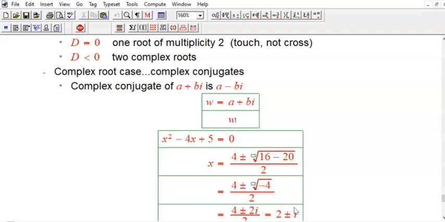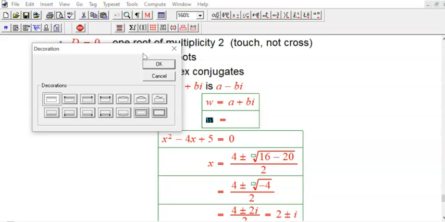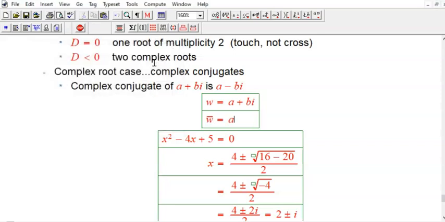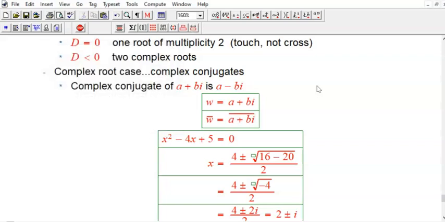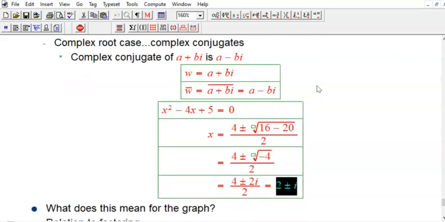Let me see, W, for example. The bar shows up better. The notation that people use is you put a bar over it. And so the complex conjugate of that is going to be a minus bi. And so these are two numbers that are complex conjugates of each other.